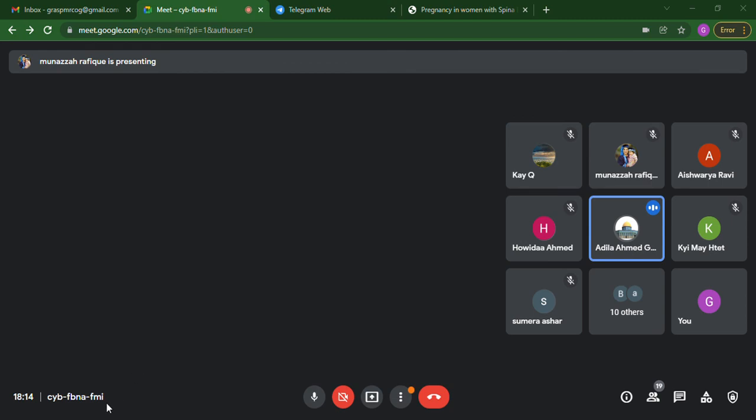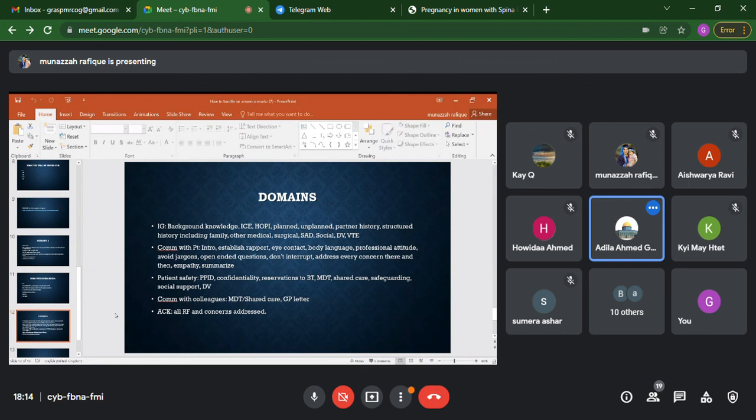We need to know what surgery was done, by reviewing her notes, if any operation was done on the pelvis. And I'm not sure if we need to see if the pelvis is adequate for delivery or not. Yes, we can have a chat about that, in terms of mode of delivery, later on.